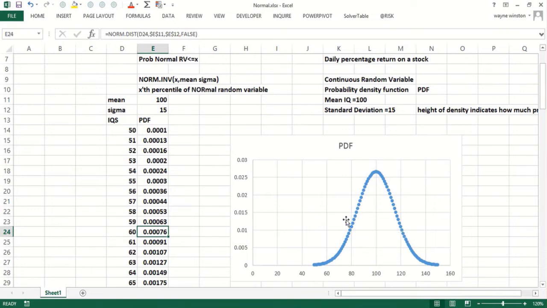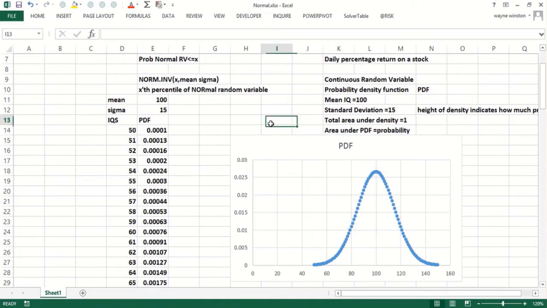Also, this density is symmetric. It looks the same to the left of the peak as the right of the peak. And total area under the density equals 1. And area under the density is probability. So if you want to know the chance somebody has an IQ of 80 or less, you want to know the area to the left of or equal to 80.